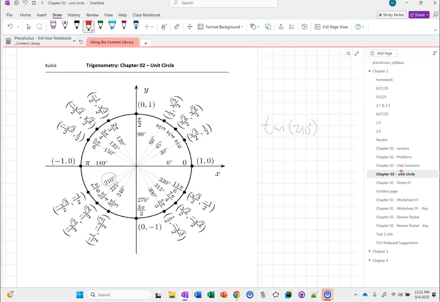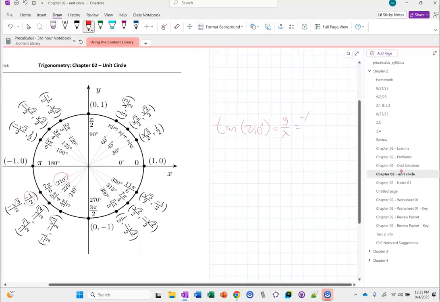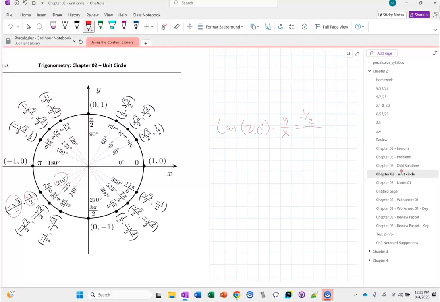I look up my formula. Tangent is y over x. So I'm going to write negative 1/2 over negative root 3 over 2.